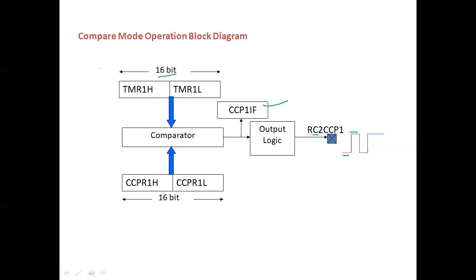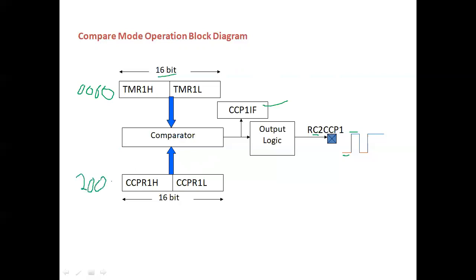For example, assume you are using the CCP module in compare mode of operation, the timer is initialized to 0, and the CCP register value is set to 2000.